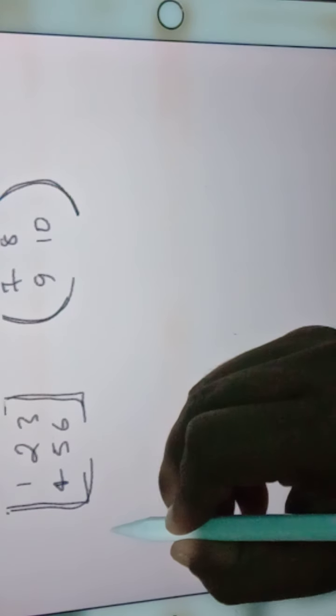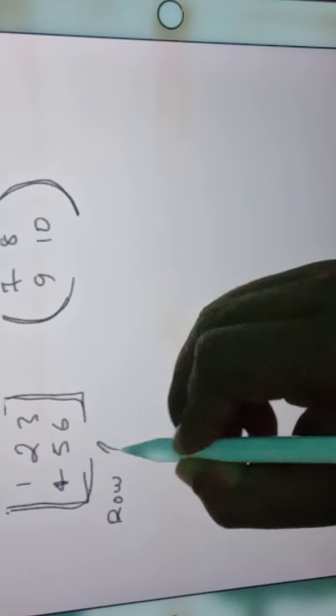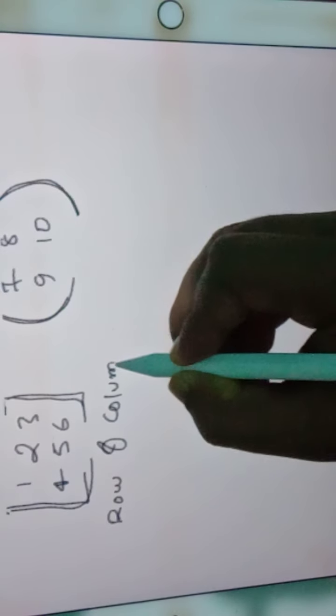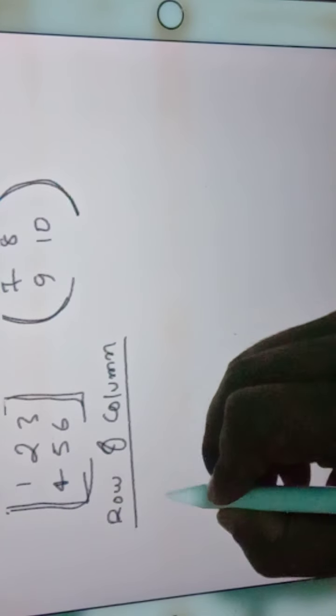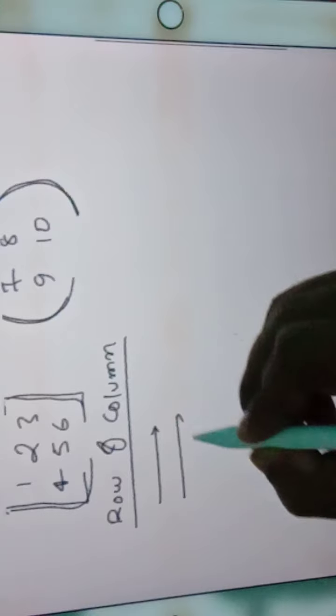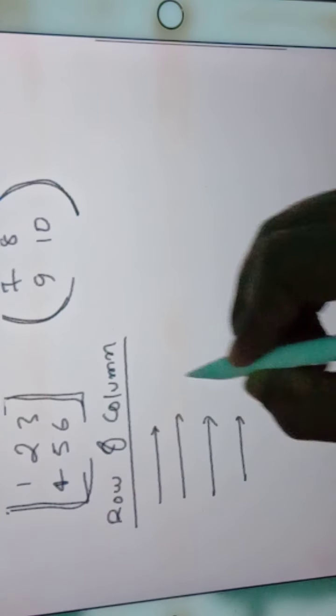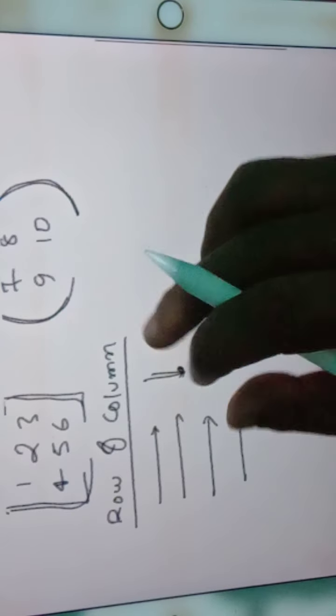First of all we learnt about row and column. In the periodic table you have learned that there are 8 rows and 18 groups.